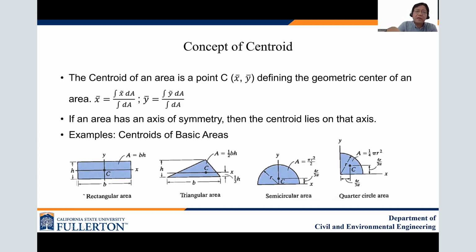And then for the triangular area, this gives a little bit better idea of the location of the centroid on the x-axis and y-axis. For example, you have a triangle like this, and this one is b, and this one is h, okay?